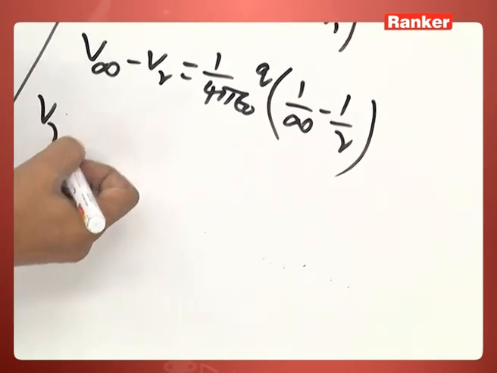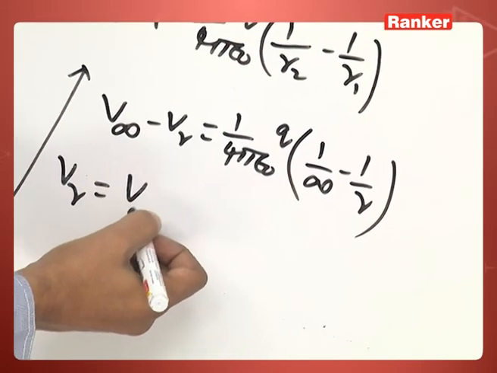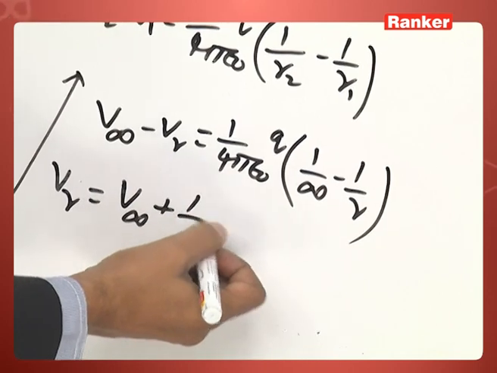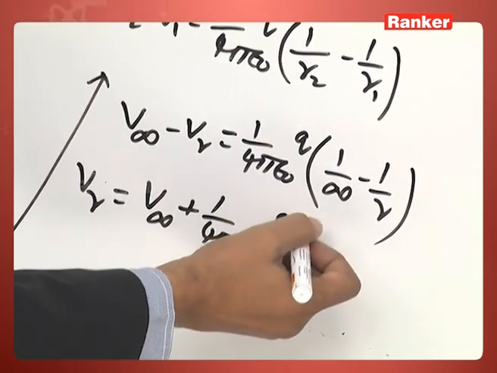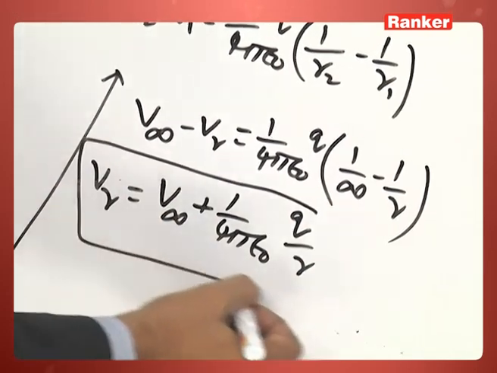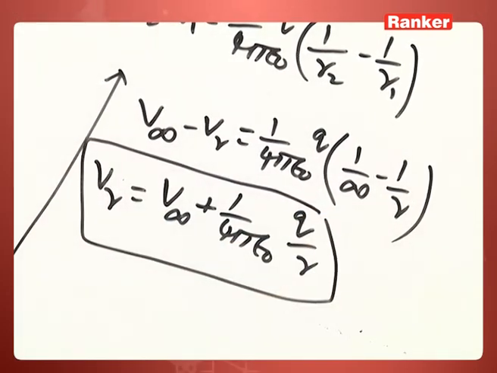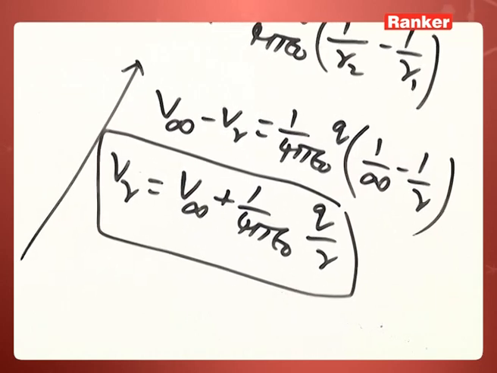So VR is V at infinity plus 1 by 4 pi epsilon naught Q by R. This is the general expression for the potential due to a point charge.